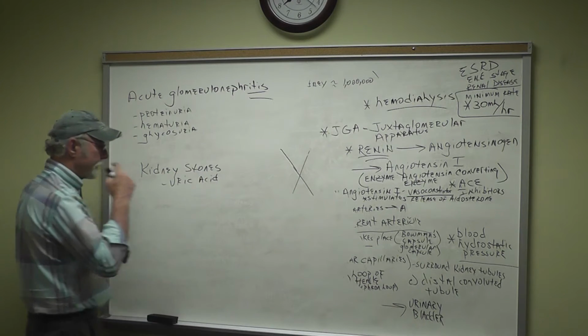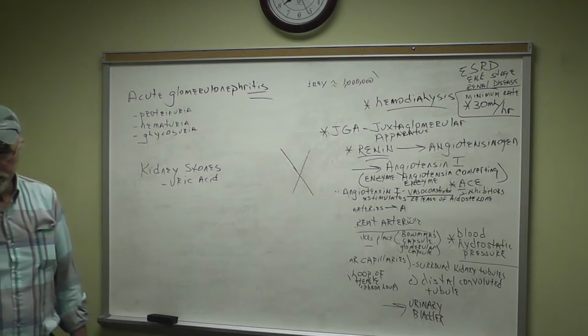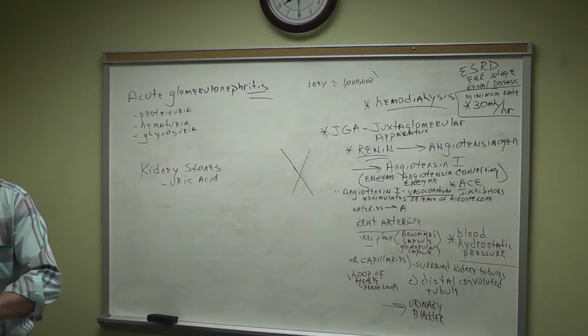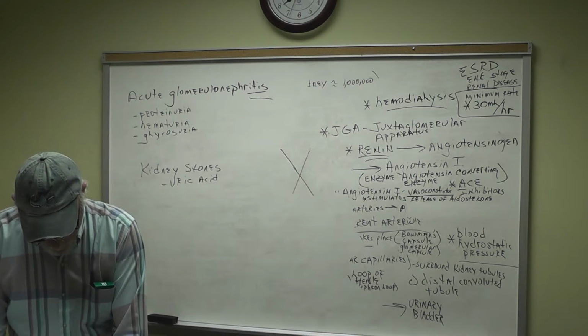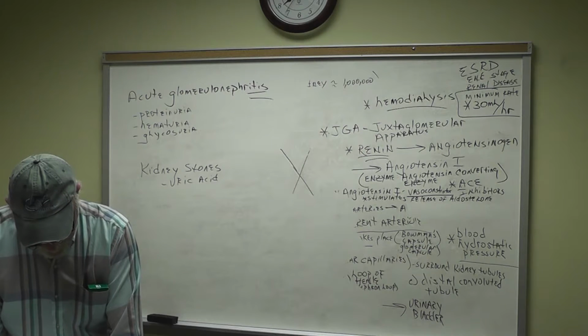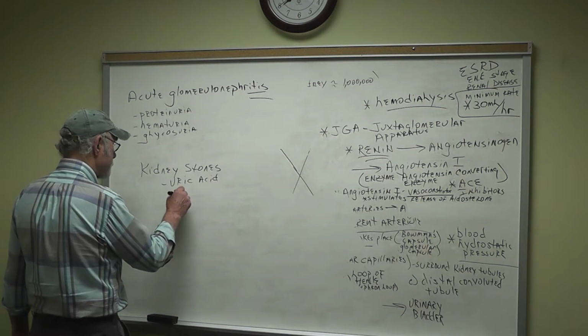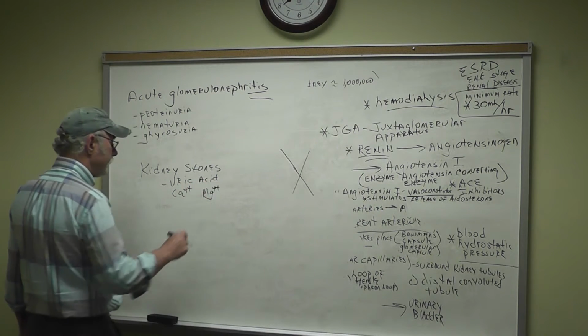And if you remember, the uric acid comes from the normal metabolism of nucleic acids, like your DNA and your RNA. So it's composed of uric acid, calcium oxalate, calcium phosphate, and magnesium. So uric acid, calcium, and magnesium, all right?